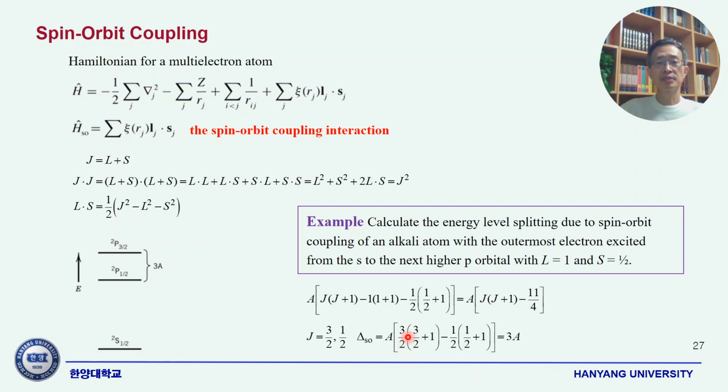The difference is in J(J+1), and the rest of the part is the same in both cases. So the difference is 3A. This distance in energy is 3A, so you divide this energy difference by 3 and obtain the spin-orbit coupling constant.